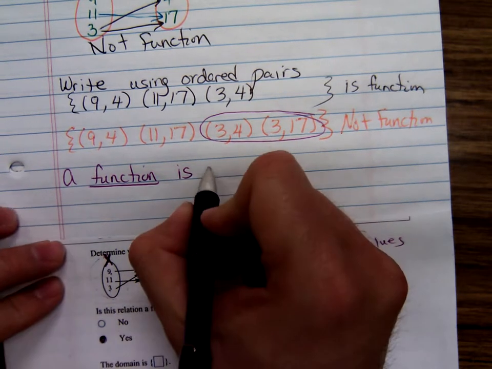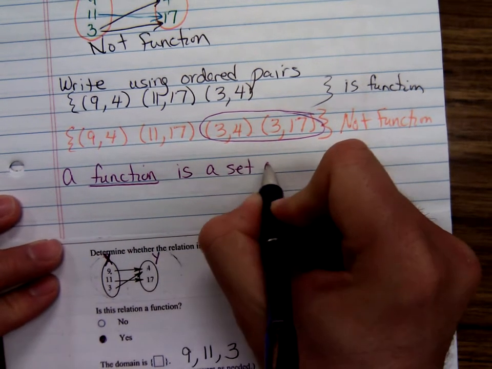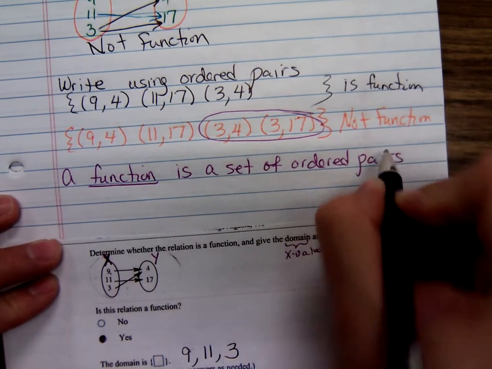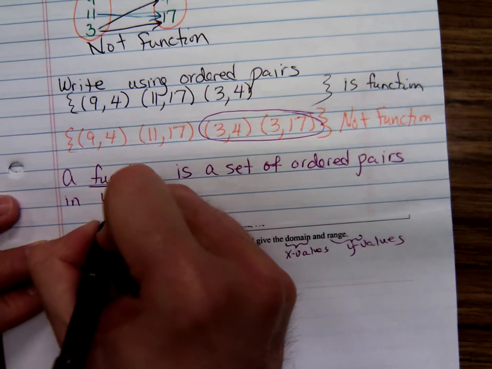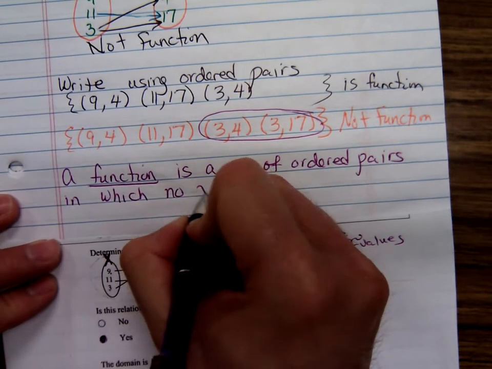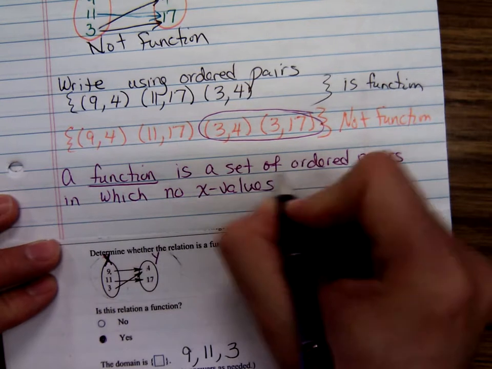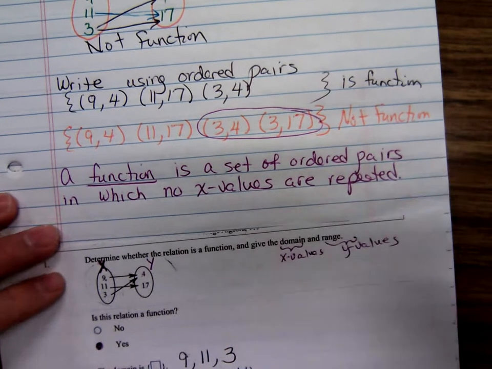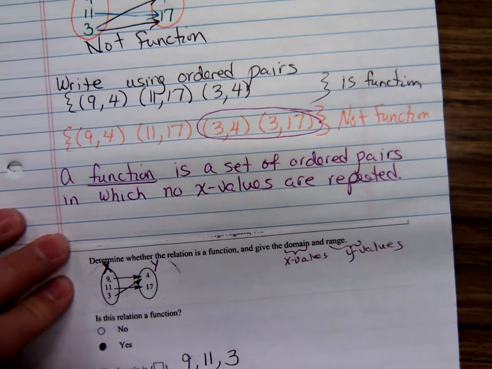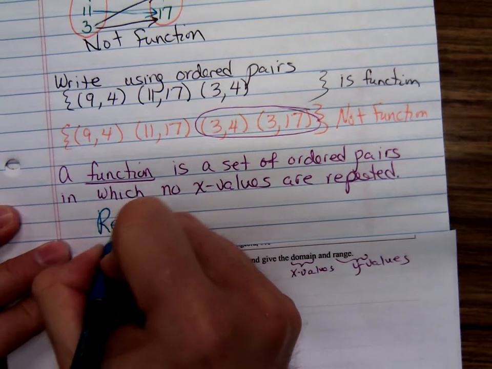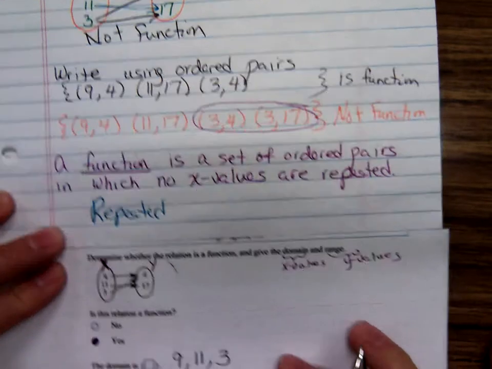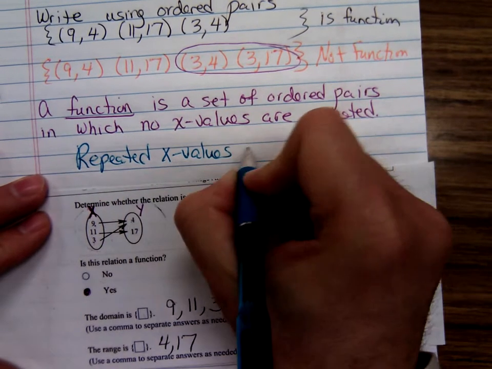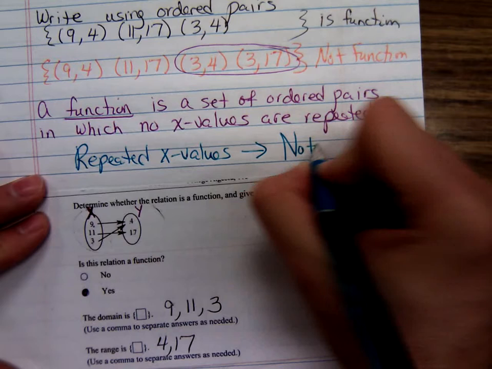A function is a set of ordered pairs in which no x values are repeated. In other words, repeated x values, not a function.